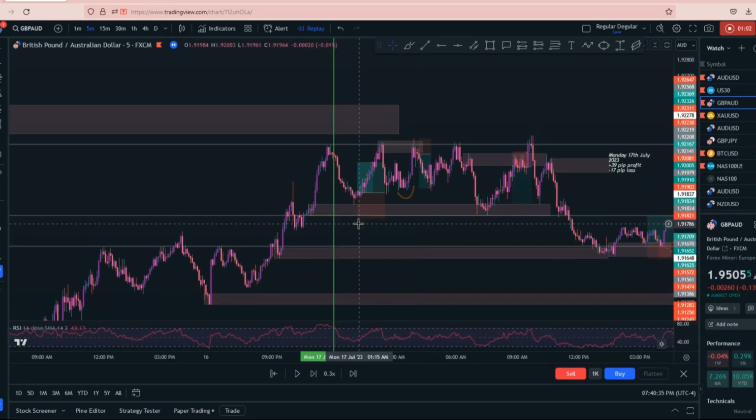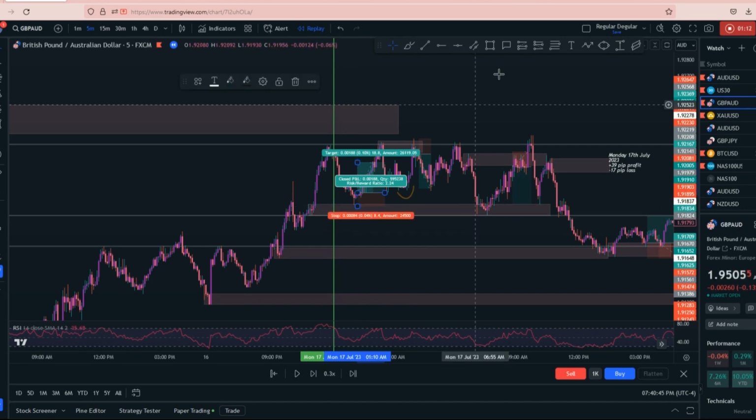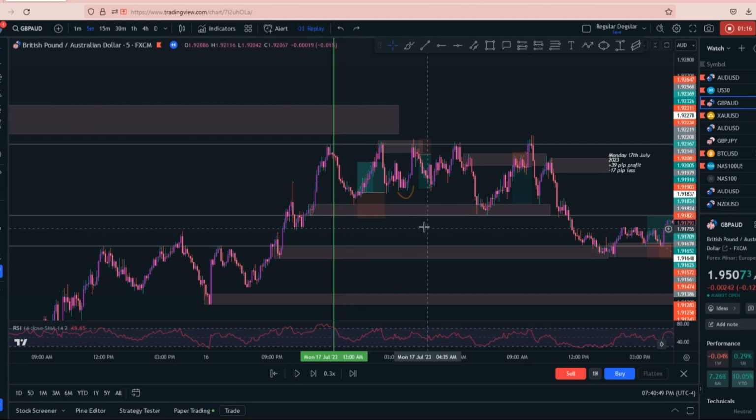I am learning to make my stop losses a little bit smaller because this stop loss was 15 pips. I definitely could have brought it up to there, but you know, you live and you learn. But price came into this demand zone, rejected off of it. We took it up that high. I think I only took it up to right there because I saw that imbalance. So I could have taken it up to that high, but I wasn't too sure.